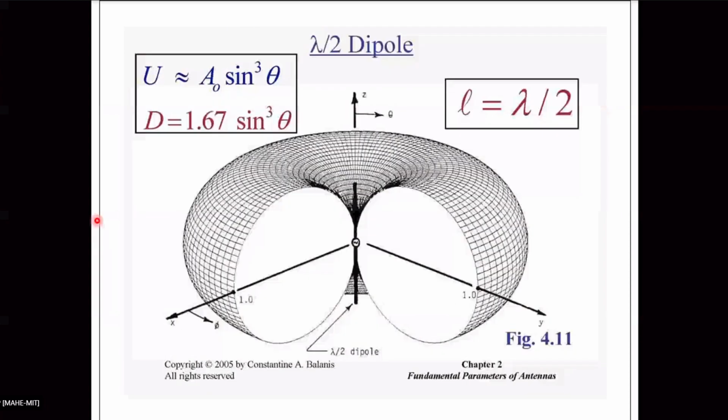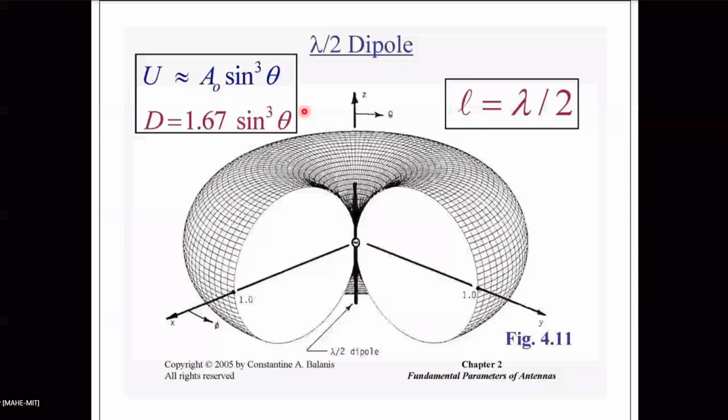Hello? Yes, sir. Now this is a lambda by 2 dipole. You know what lambda by 2 is? The length of the dipole antenna is lambda by 2, L. For this antenna, U is given by A0 sine cube theta and D is given by 1.67 sine cube theta.